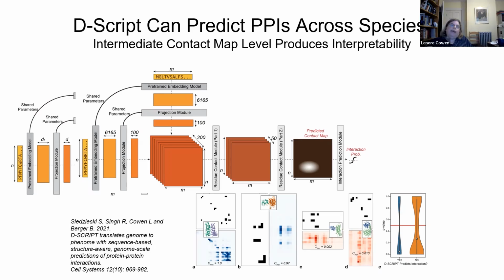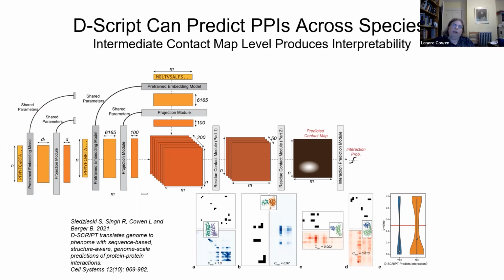But then it tries to somehow learn a contact map between these sequences. And that makes what it's doing a little bit more interpretable and a little more generalizable, because it probably has to learn something from structure if it's trying to learn how they interact.